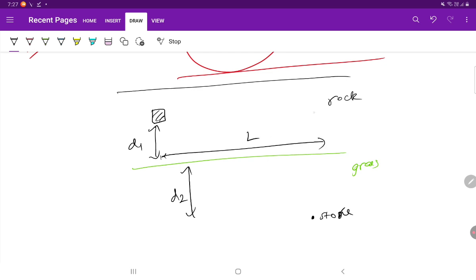Then what we usually do is that if the velocity of the person on the rock is v1 and the velocity on the grass is v2, we generally use the concept of refraction, so that if light emits from the house, it goes to the store by the method of refraction.